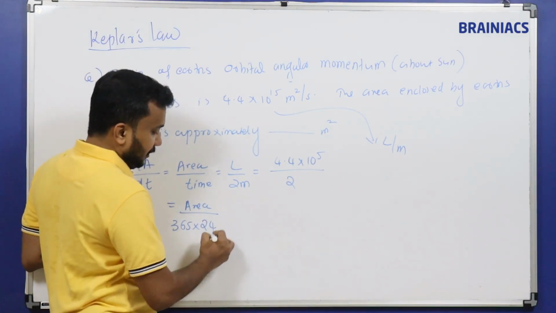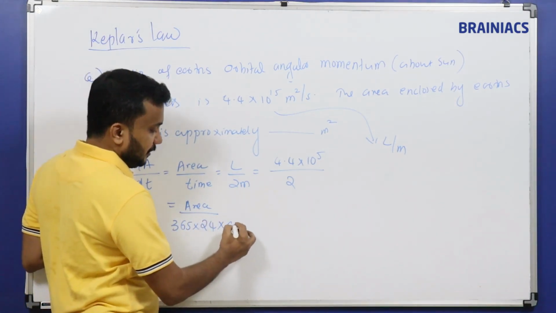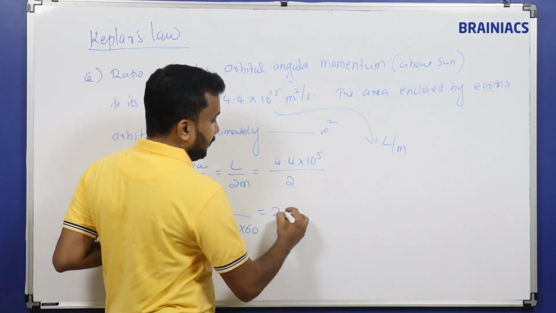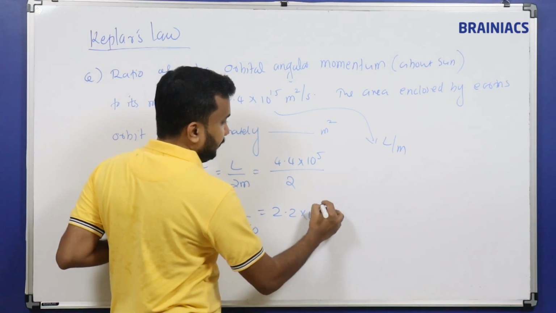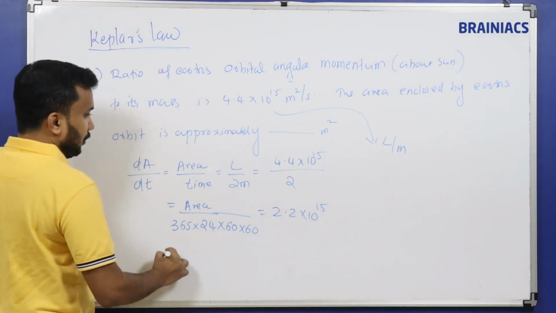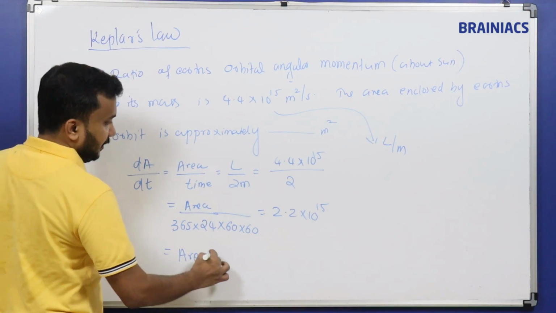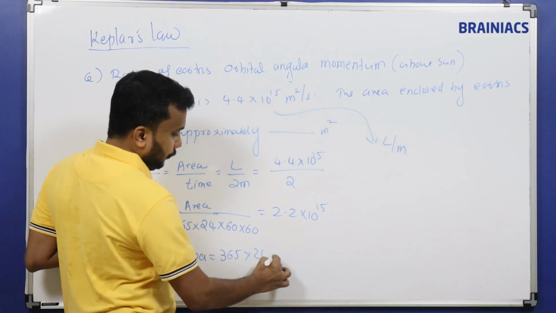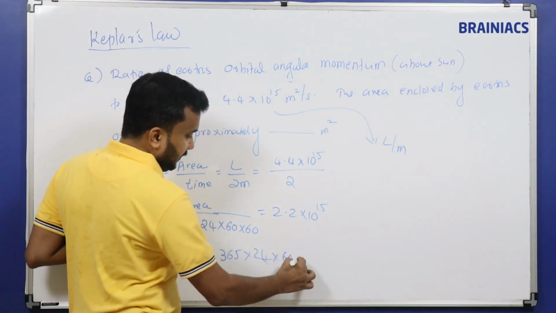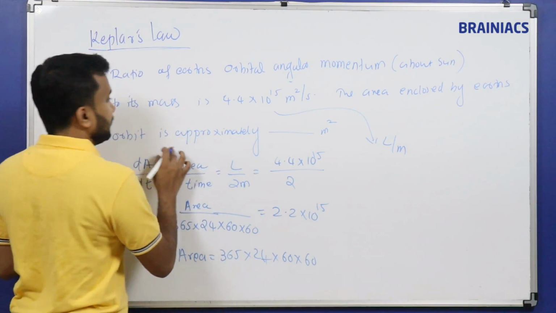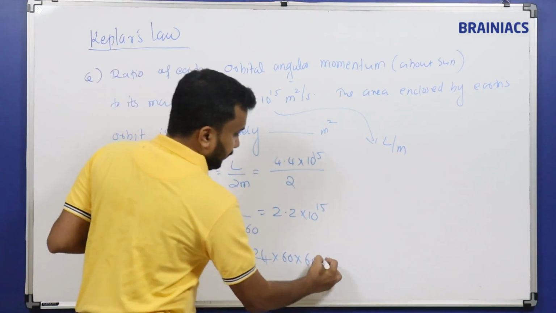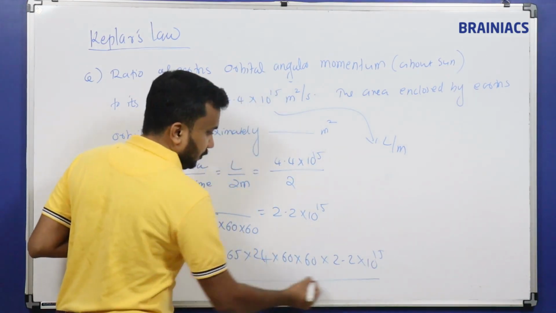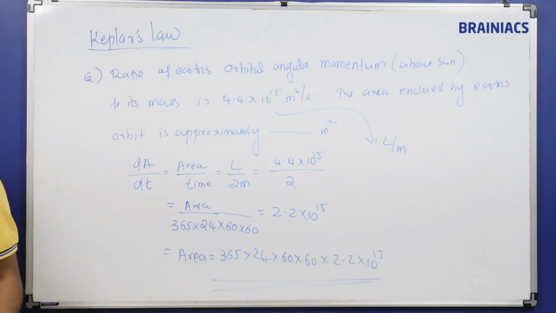So 365 into 24 hours into 60 minutes into 60 seconds. We are converting to seconds, multiplied by 2.2 into 10 power 15. If you solve this one, you will get the value of area. Area equal to 365 into 24 into 60 into 60 into 2.2 into 10 power 15. Answer is in meter square, SI unit. You can solve this one, or you can just keep it like this.